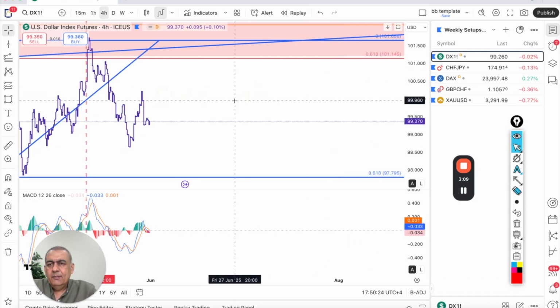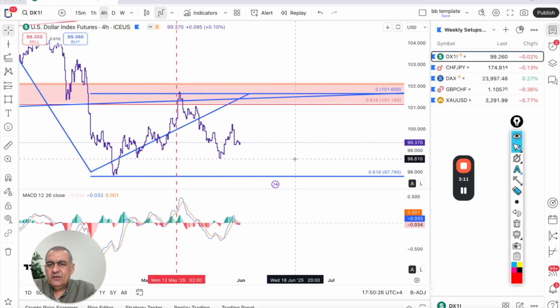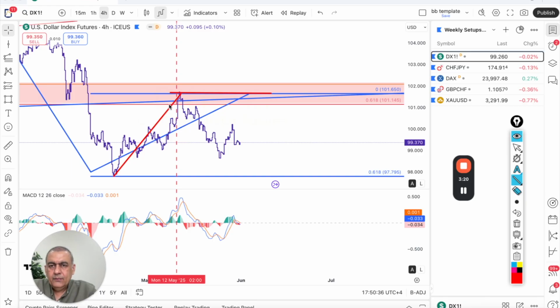On the 4 hourly frame, the environment is bearish. So here we have a move up, it bumped into the resistance zone, and the rising trend line is breached. So dollar index slips below the rising trend line and retests the rising trend line as a resistance, and it's expected to continue downwards.